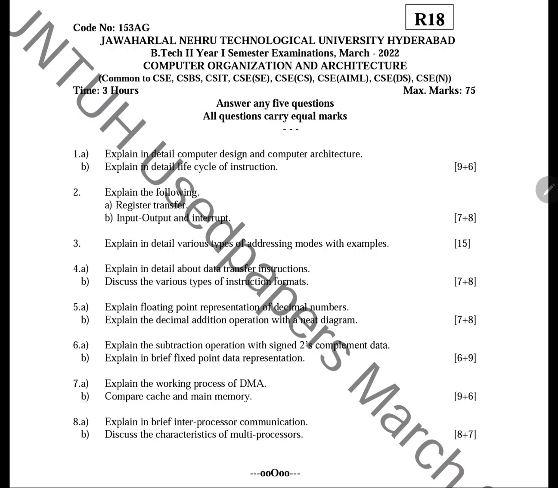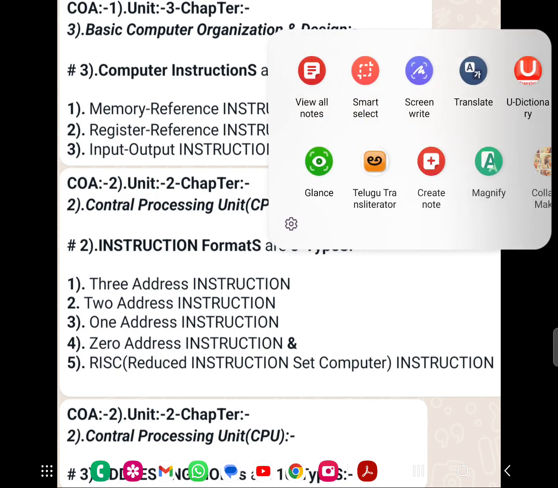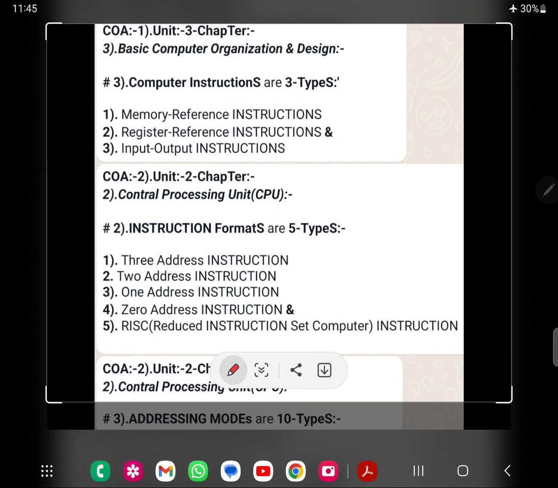And here I want to clear up one more confusion for the students in the question paper. See here, in the same question paper sometimes we will be asked about computer instructions, right? These are of 3 types. This video is already shot.